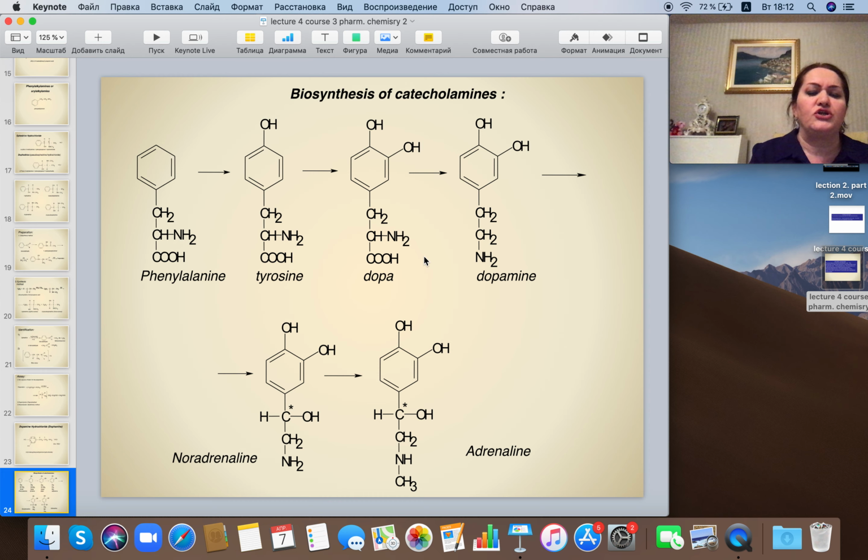Tyrosine oxidizes to change into DOPA or levodopa, and during decarboxylation forms dopamine, and then forms noradrenaline and adrenaline. Noradrenaline, other name norepinephrine, adrenaline, epinephrine.